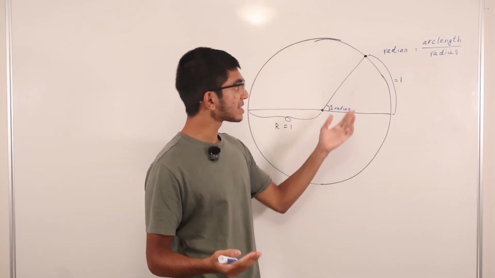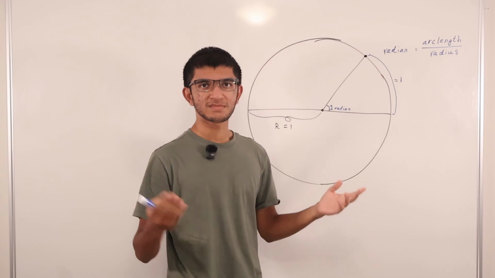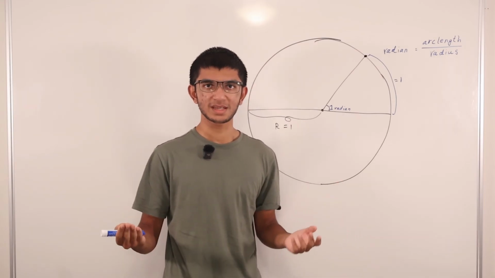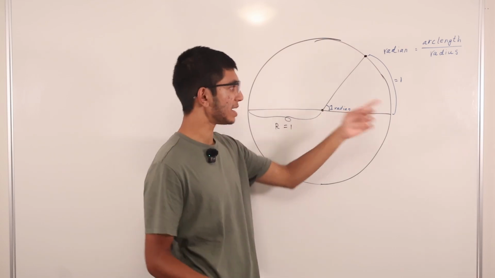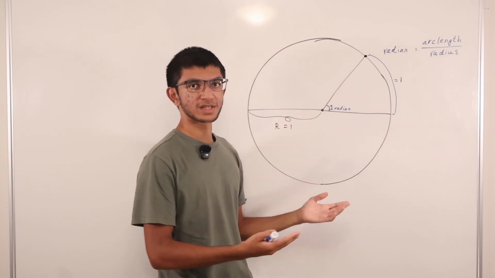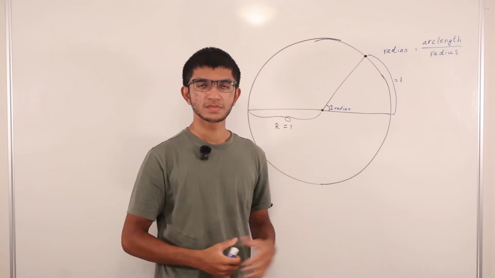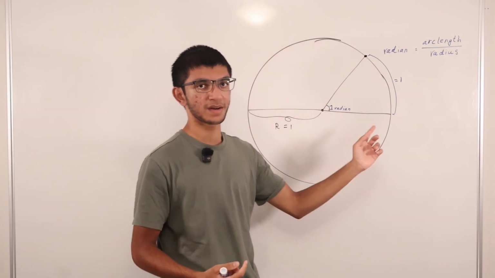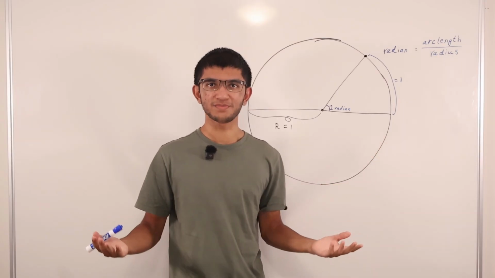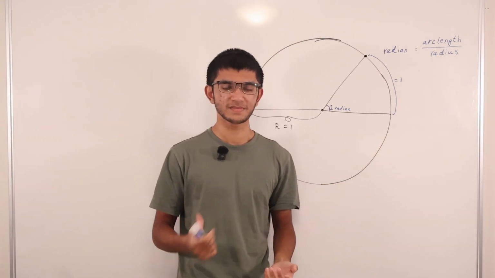So if the arc length is equal to the radius, the angle separation in radians is 1. And our radius here is 1, so our arc length is 1 for an angular separation of 1 radian. Since the radius fits, well, 2 pi times into the circumference, there are 2 pi radians in an entire circle.